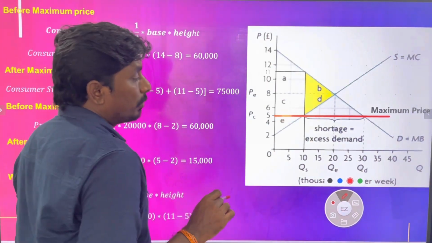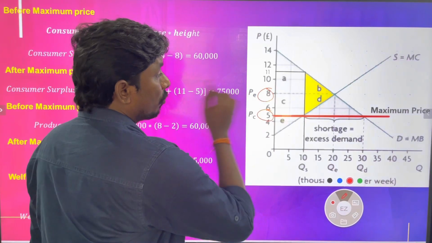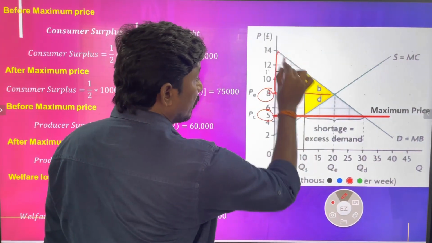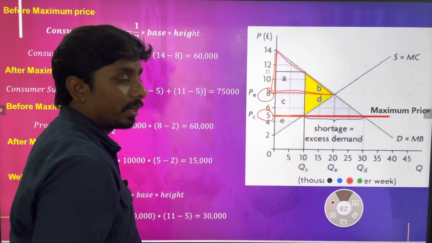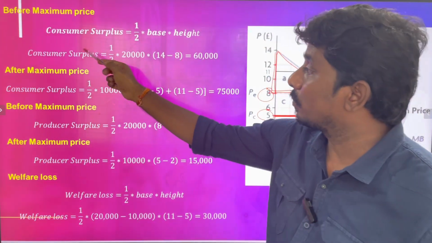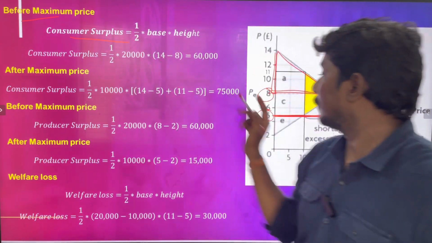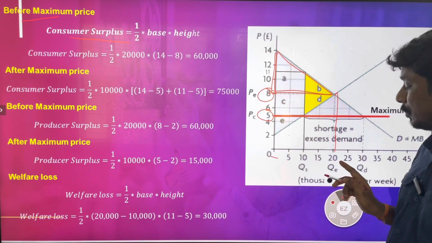And if the government is setting the maximum price at 5, while the equilibrium price is 8. So before the maximum price, consumer surplus will be this triangle area. So half into base into height. By using this formula, before the maximum price, consumer surplus is 1 by 2, base is 0 to 20.